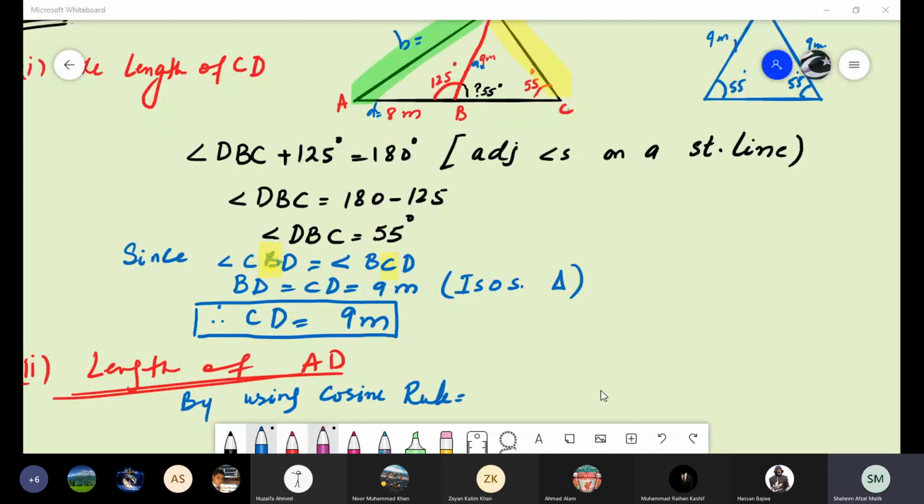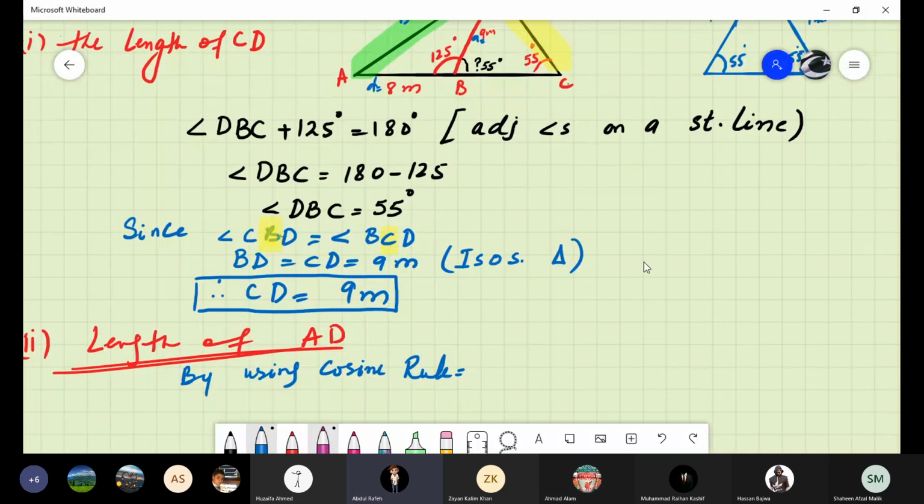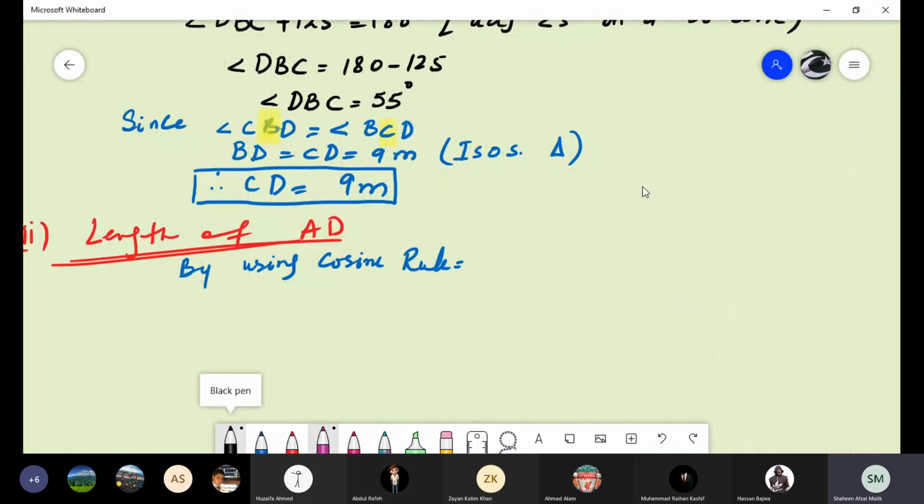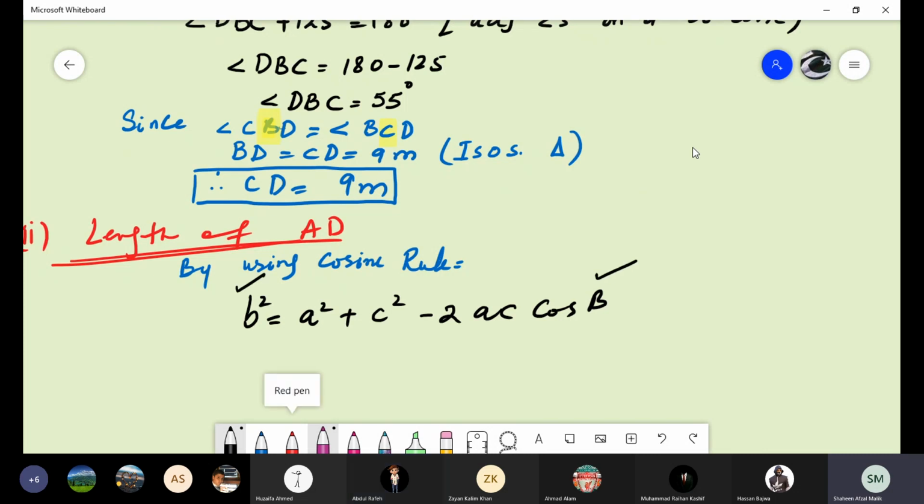B square is equal to A square plus C square minus 2AC cos of angle B. Whatever the side is, that angle should be the same.